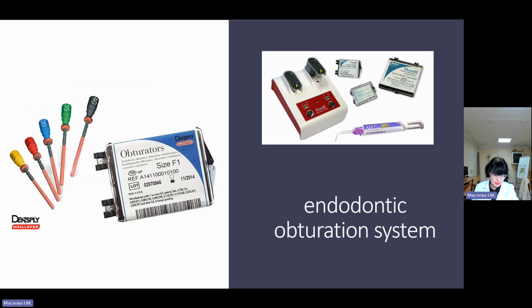Eugenol is a substance that inhibits the polymerization reaction of resin and can therefore interfere with the bonding of a final composite resin restoration in the access cavity. However, if the right precautions are taken, the influence of eugenol on the cavity walls can effectively be eliminated.